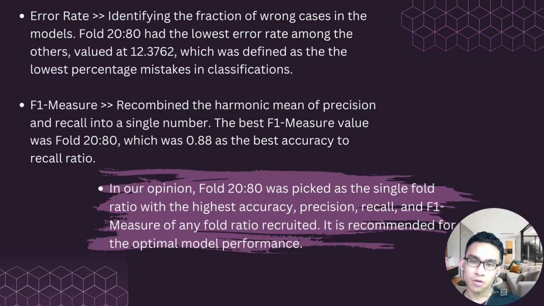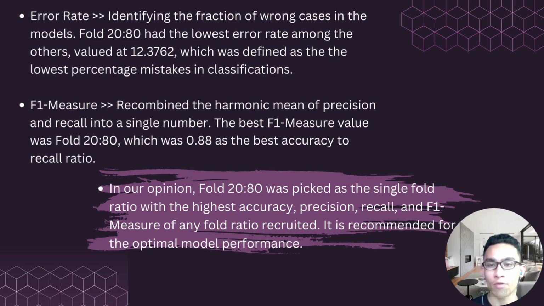Among the error rates of the other four ratios, the error rate identifies the fraction of wrong cases in the models. The 20 to 80 ratio had the lowest error rate among the others, at 12.3762, which is the lowest percentage of misclassification.